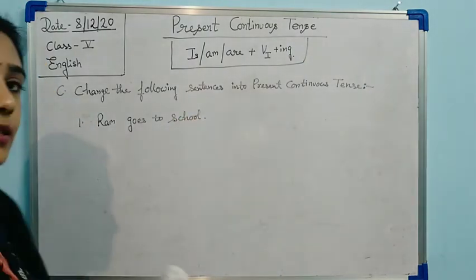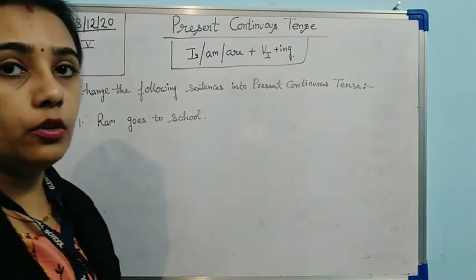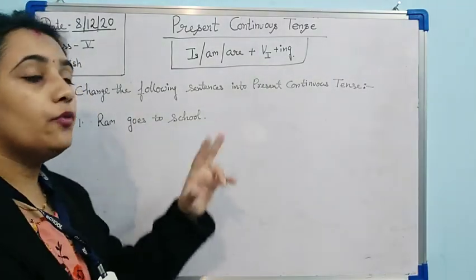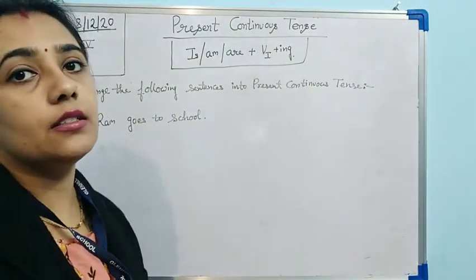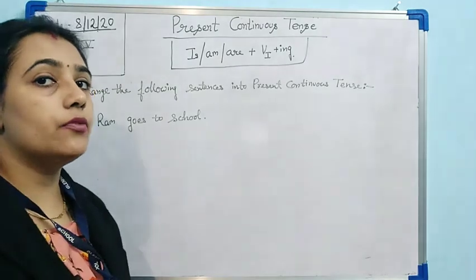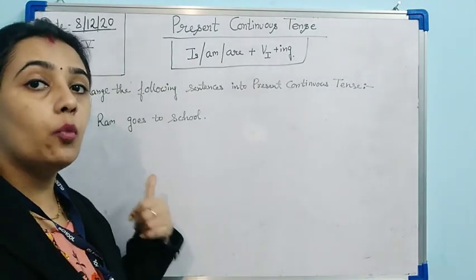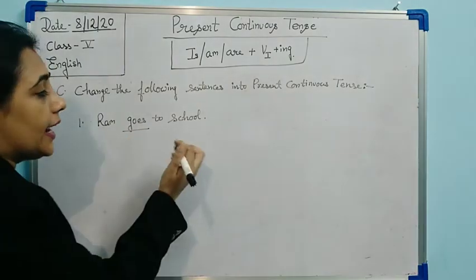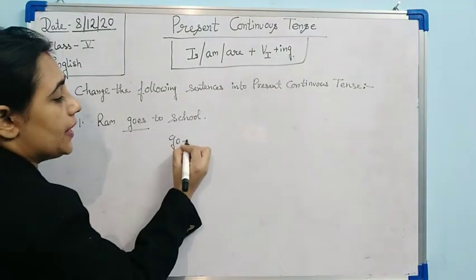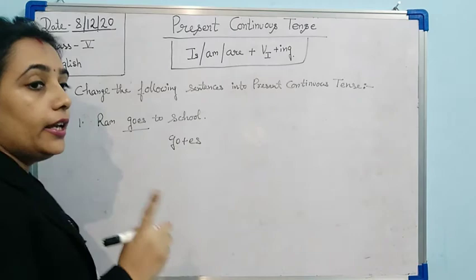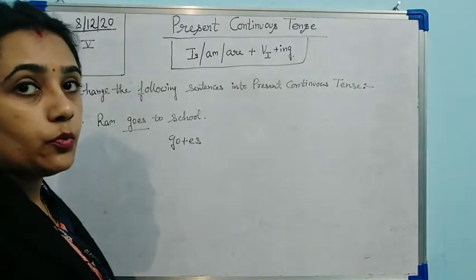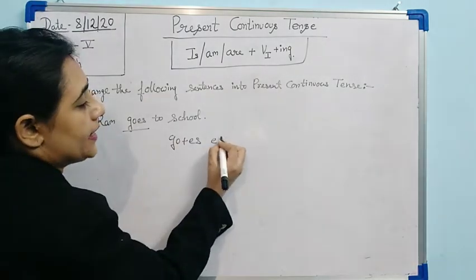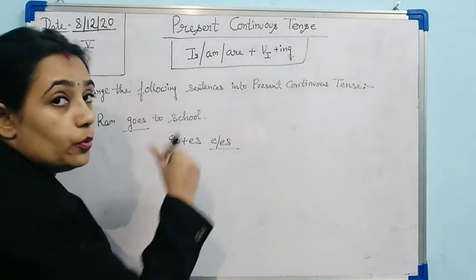See, let's discuss. Ram goes to school. First, we see which tense the sentence is in, depending upon the verb. The verb is goes, that means go plus es. In simple present tense, we add s or es to the base verb.